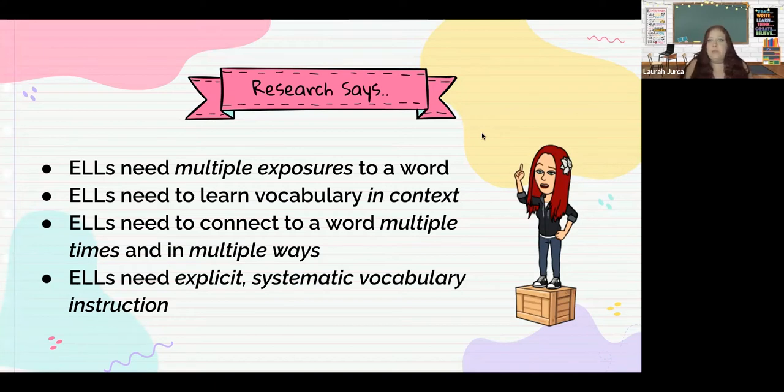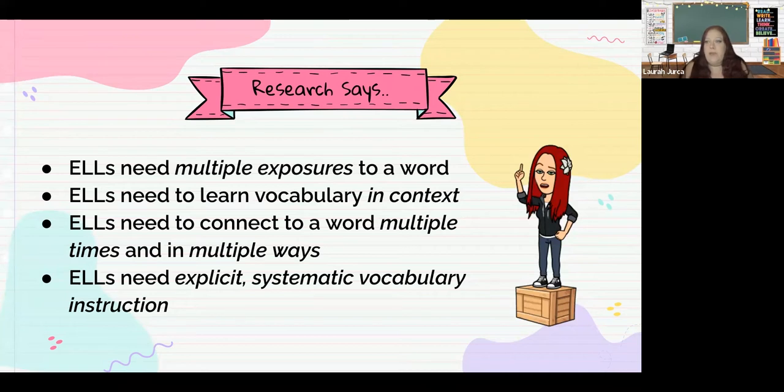So based on the research that I found, our English language learners need multiple exposures to a word. They need to learn vocabulary in context. They need to connect with a word multiple times and in multiple ways. And then finally, in order to gain the vocabulary that they need to be successful academically, they need explicit systematic vocabulary instruction.